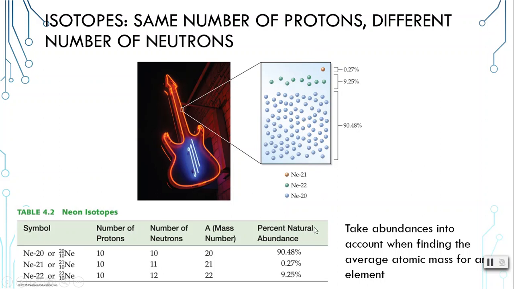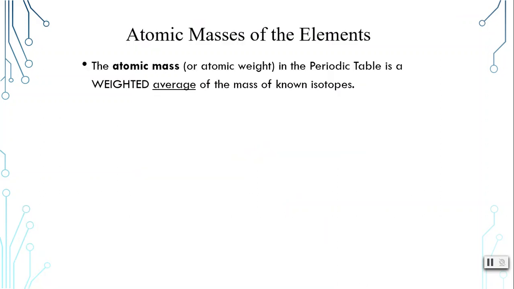What that means is that to find the average atomic mass for an element, what's published on the periodic table, you have to take a weighted average. I cannot just add up the 3 masses of my isotopes if I've got 3 and divide by 3, because that does not take into account the fact that I have more of one isotope than another. I have to take what's called a weighted average.